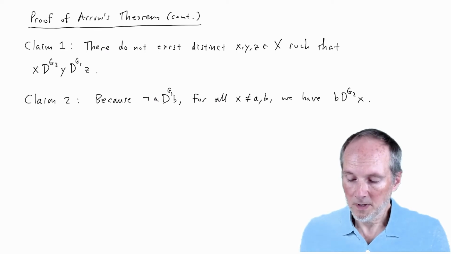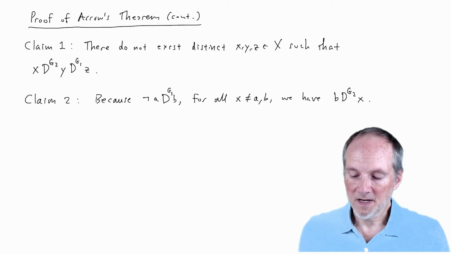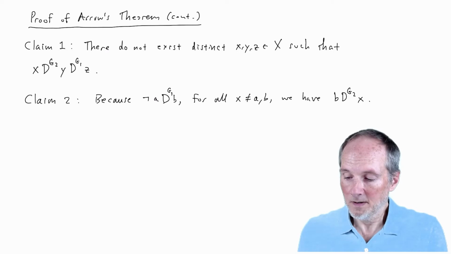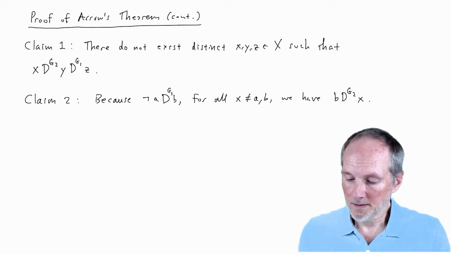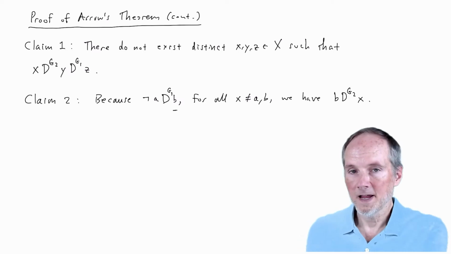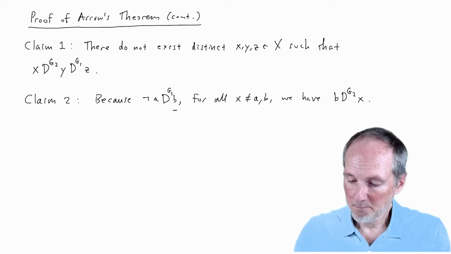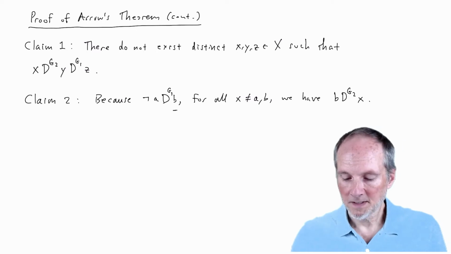Claim 2 said that because G1 is not decisive for A over B, it turns out that G2 is decisive for B over any third alternative X. We're going to use the logic of that claim.